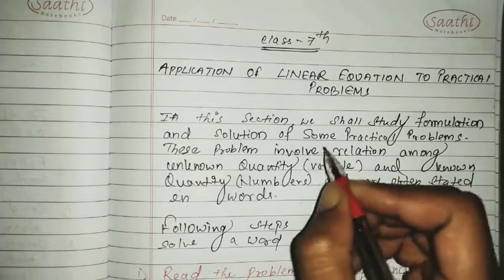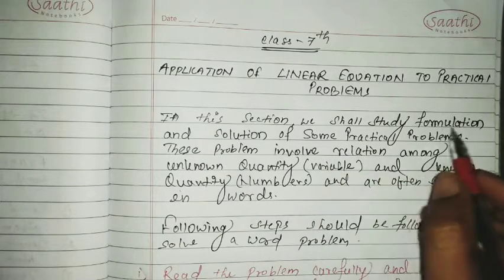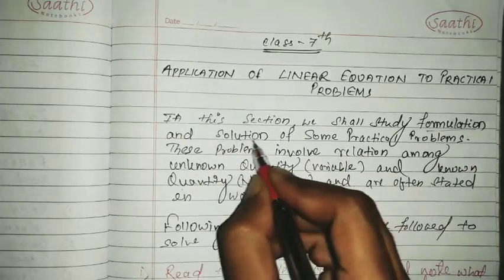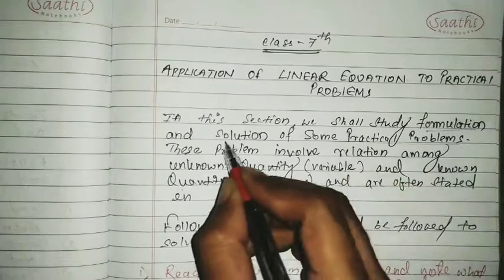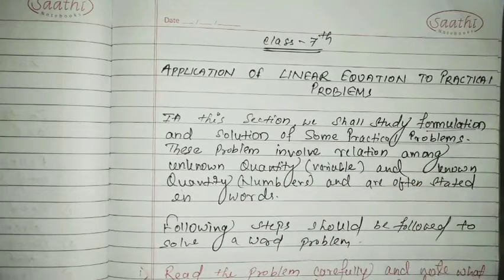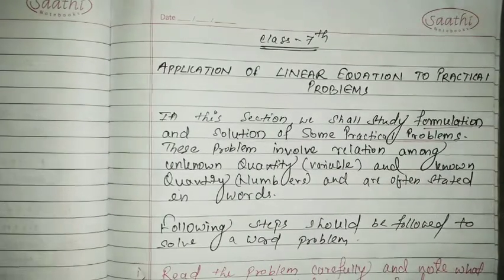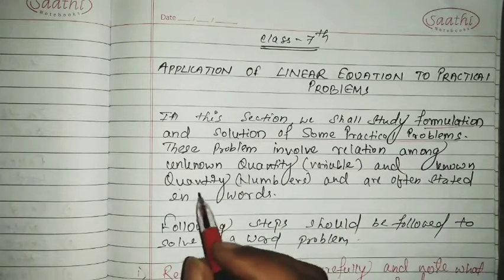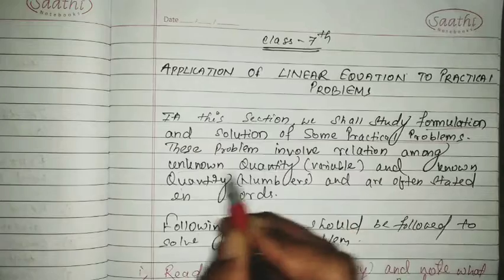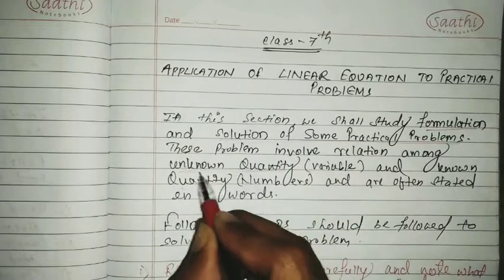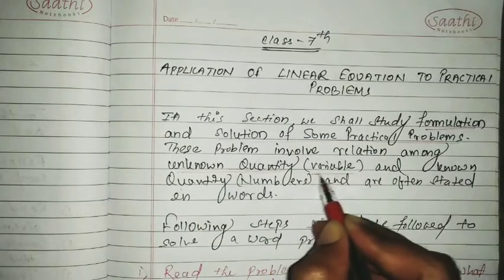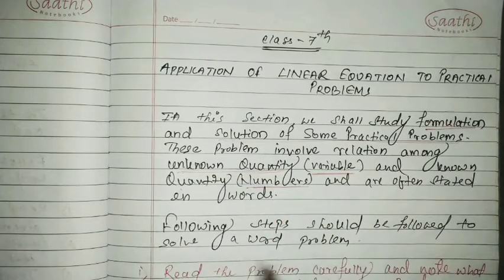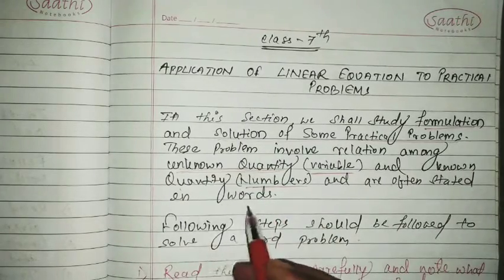Remember, we shall study the formulation and the solution of some practical problems. This problem involves relations among unknown quantities, which are known as variables, and known quantities, that is numbers, and these are often stated in words.